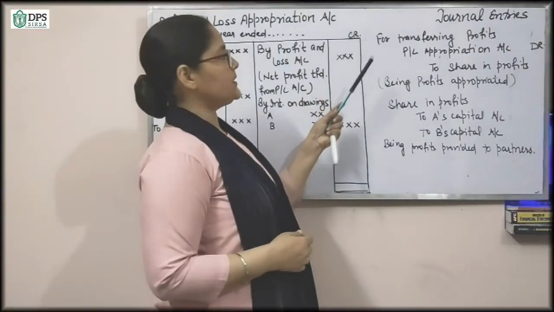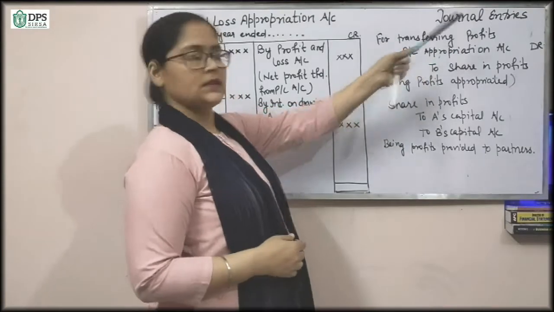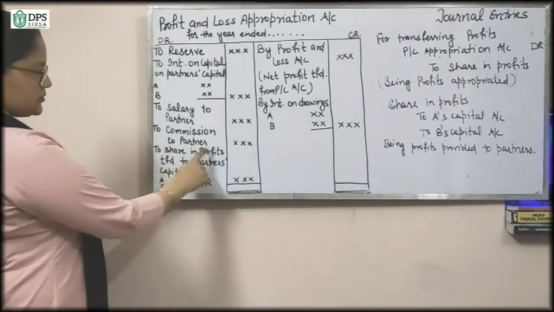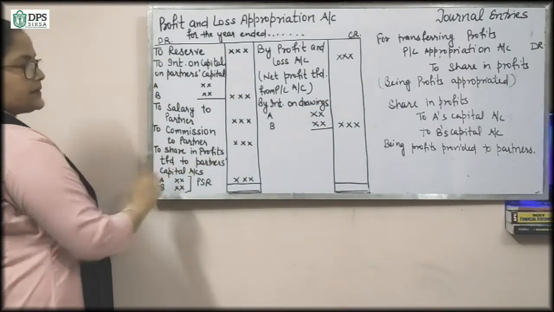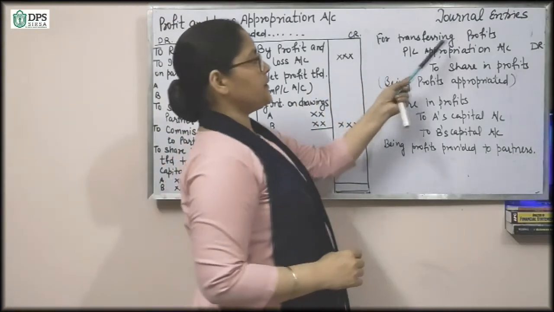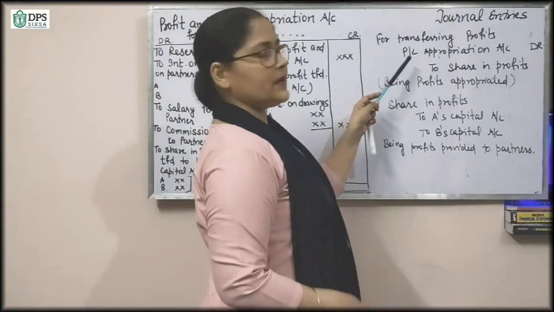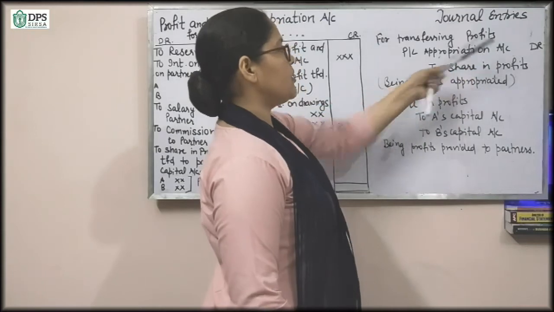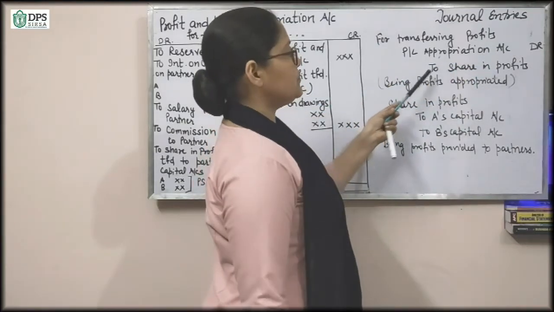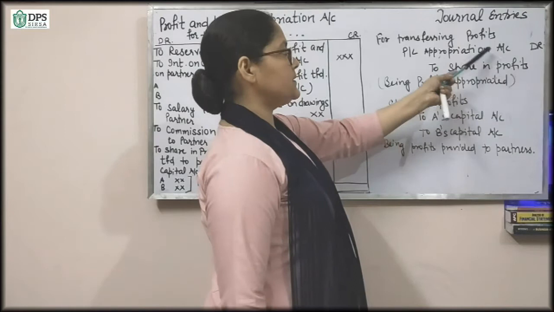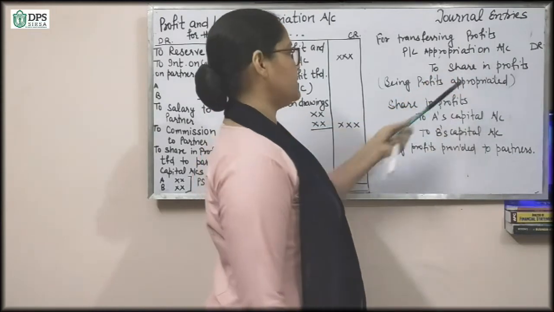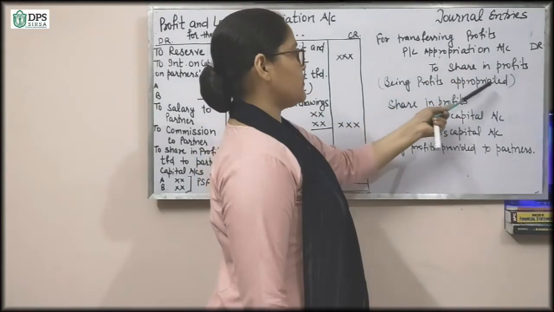The last entry is for transferring profits. This is for share in profits transferred to partners' capital account. For transferring profits, we are debiting the P&L appropriation account because profit is reducing due to share in profits. Why is it reducing? Because of sharing profits, being profits appropriated.